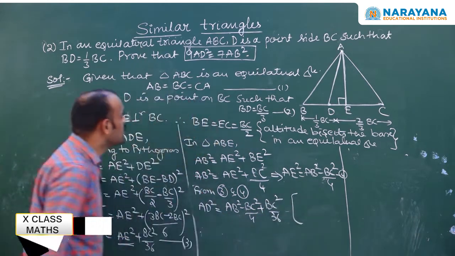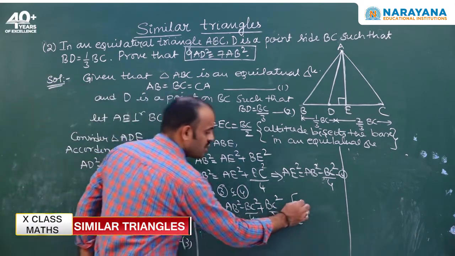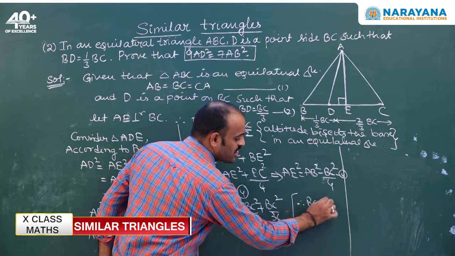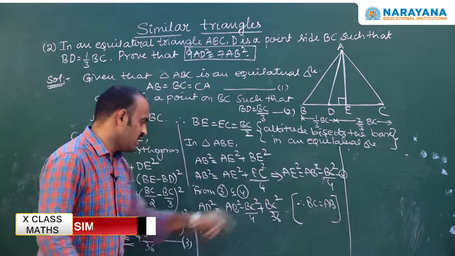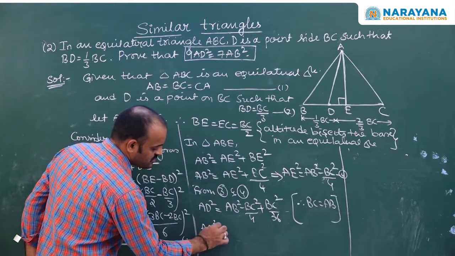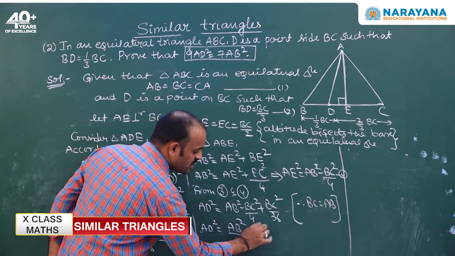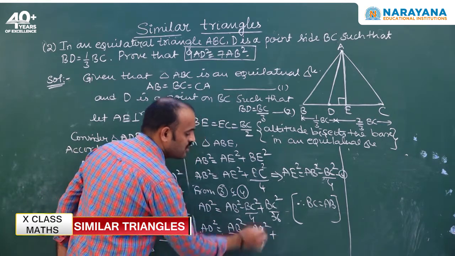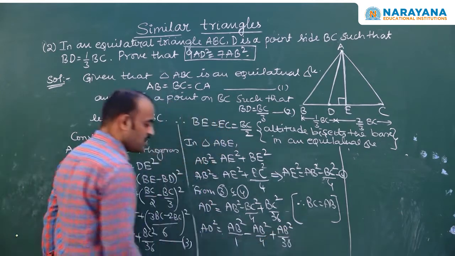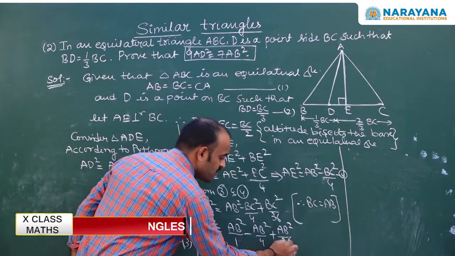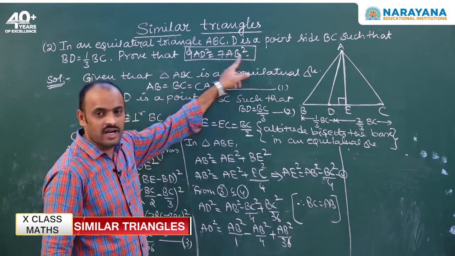As we know from the first one, BC is nothing but AB. As BC is equal to AB, I will replace each and every BC with AB. Therefore, AD square is equal to AB square minus AB square by 4 plus AB square by 36. Everywhere we have AB only and here AD. In the answer also we require AD and AB only.